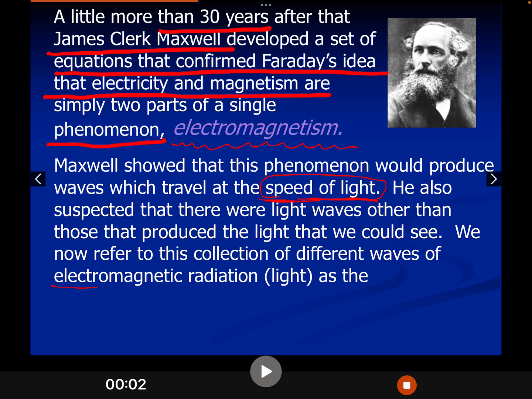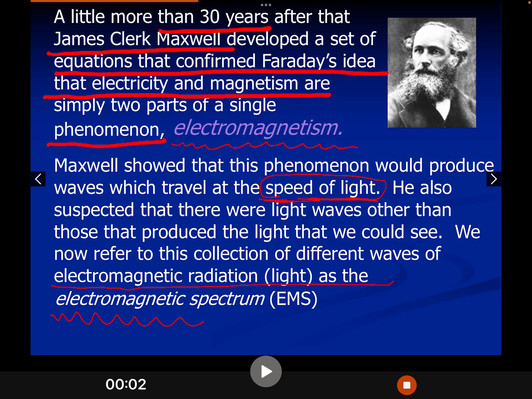So he gathered this whole range of electromagnetic radiation as the electromagnetic spectrum, or EMS. That's a big one, which next class we will sing a song to celebrate the electromagnetic spectrum.